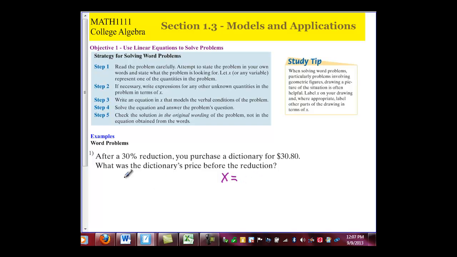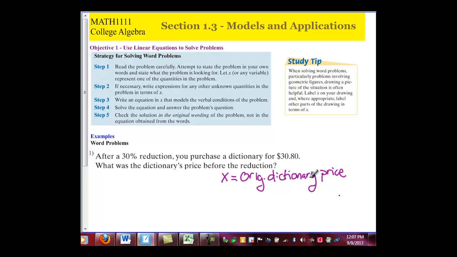So we're trying to solve for the dictionary's price before the reduction, or the original dictionary price. So if I have the original dictionary price, I need to reduce it by 30%, and once I reduce it by 30%, then I know it's going to be $30.80.